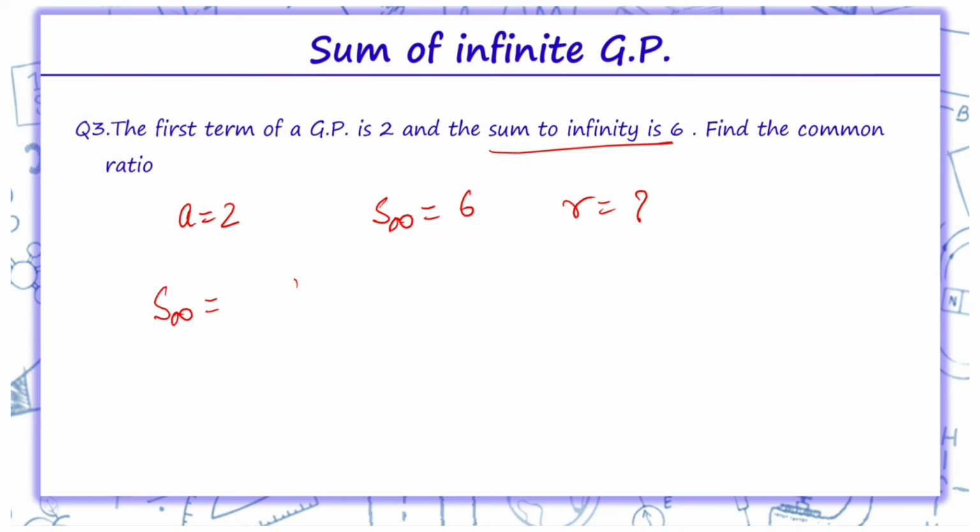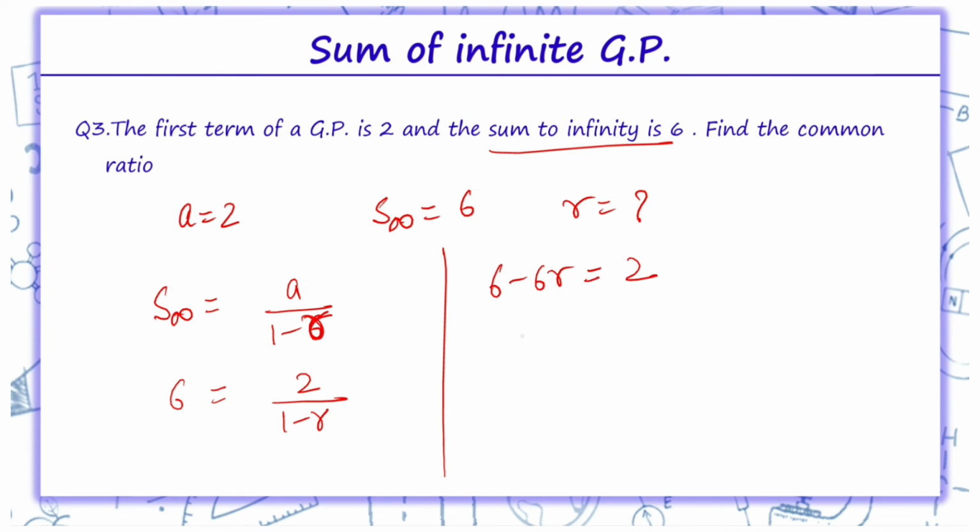So S infinity is A upon 1 minus r, which gives 6 equals 2 upon 1 minus r. So 6 minus 6r equals 2. Shifting terms, we get 6r equals 4, so the value of r is 4 by 6, which is 2 by 3.